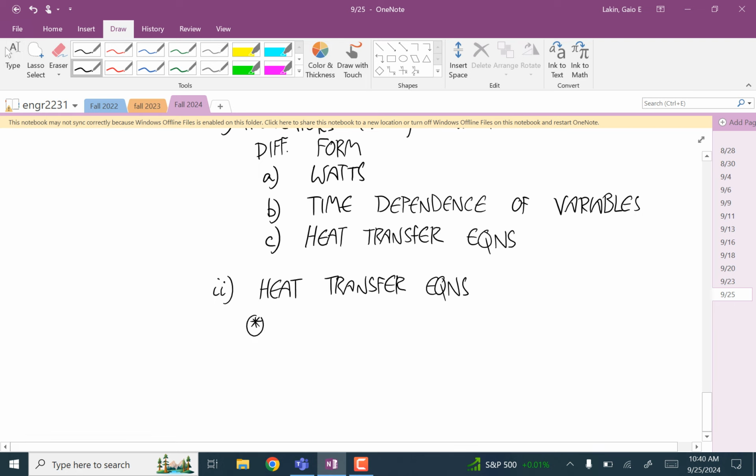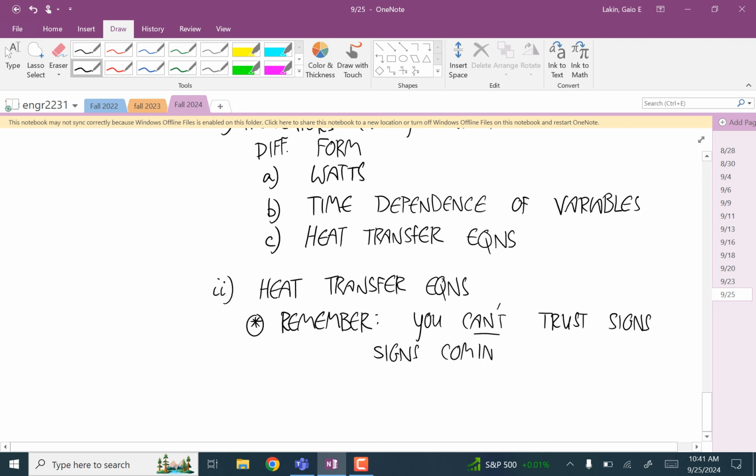And the main thing you want to remember going into using the heat transfer equations is you can't trust the signs coming from the heat transfer equations. So if you're going to use these with the first law, you have to think that through on your own. What direction is heat being transferred?